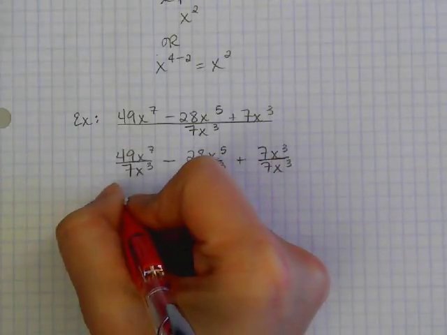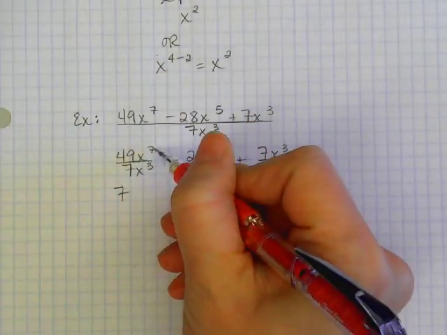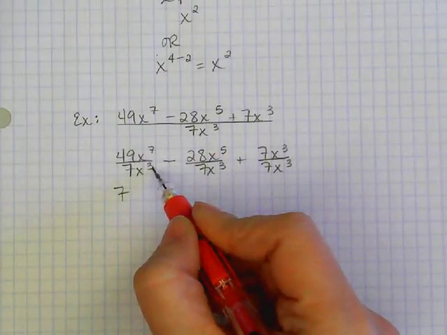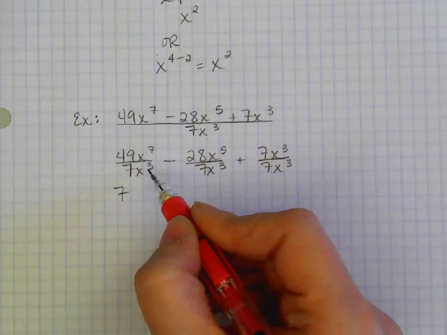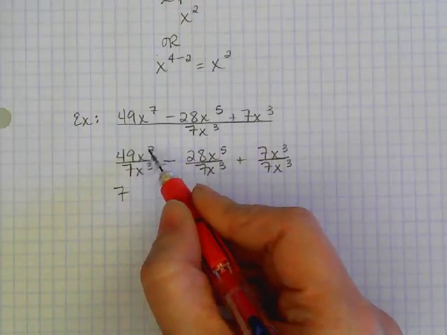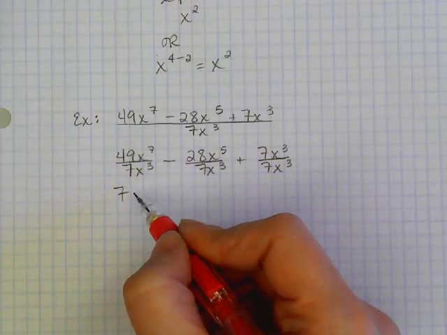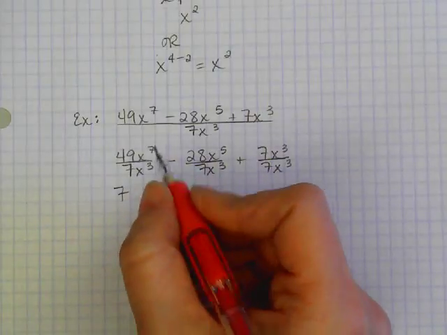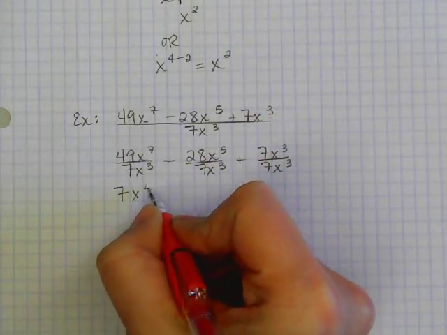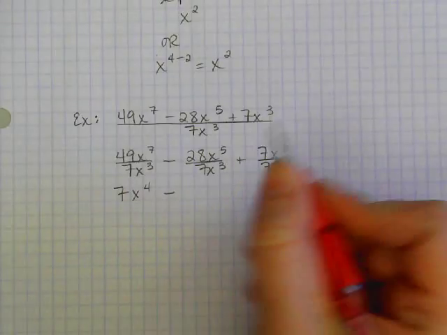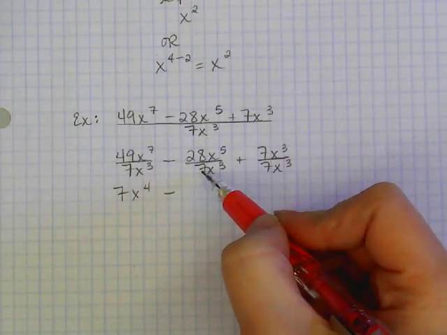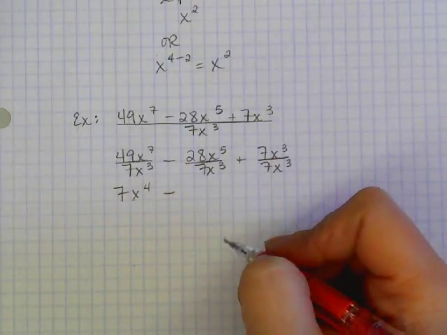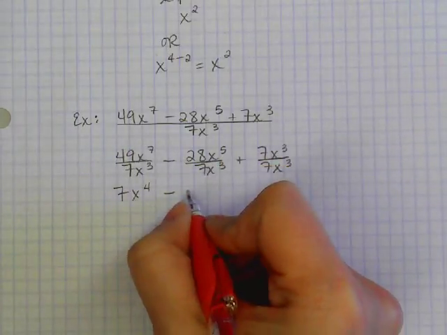And then 7 over 7 gives me what? 1. What about x to the third over x to the third? That would also be 1. And that brings us to another real quick rule. If I have x to the third over x to the third, and I subtract my exponents, what is 3 minus 3? 0.